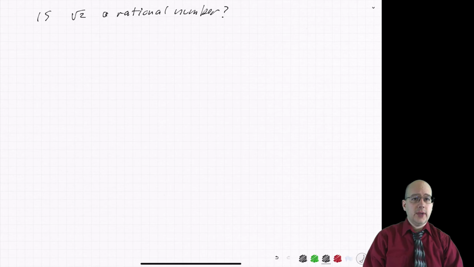How do we approach this? Well, what would it mean for the square root of 2 to be rational? So if yes, then the square root of 2 would equal p over q, where p and q are natural numbers.